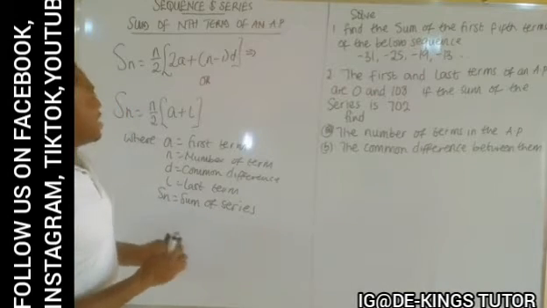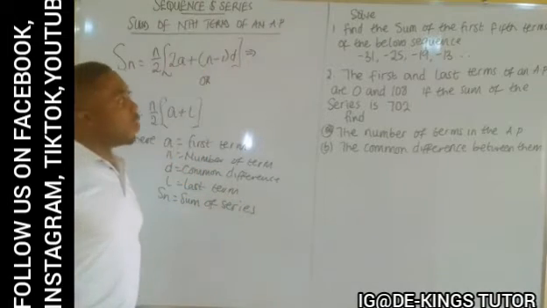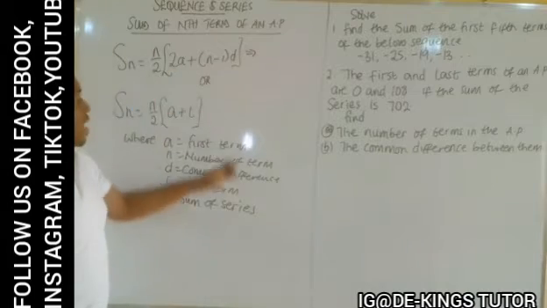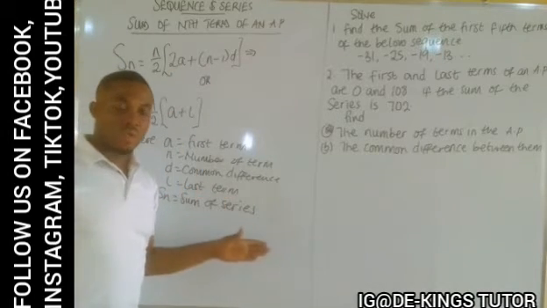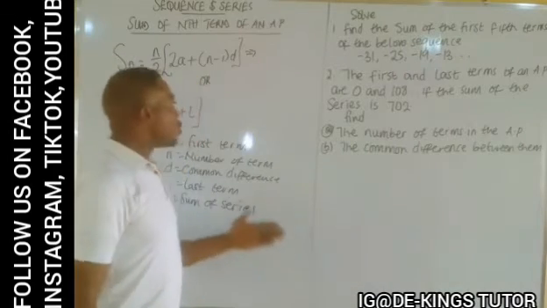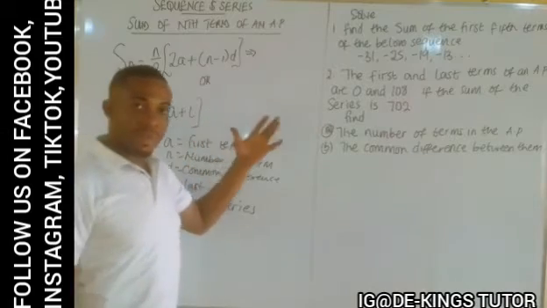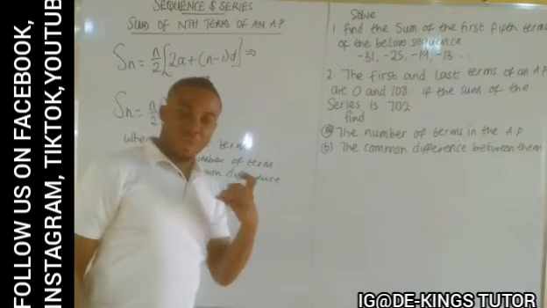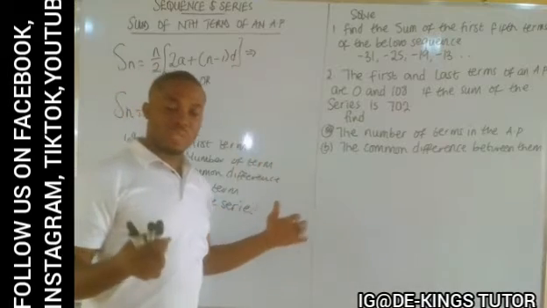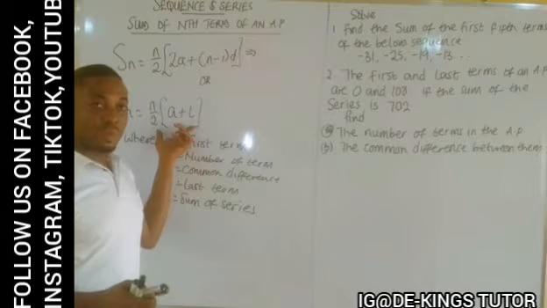That is basically the formula for solving the sum of nth term of an AP. Supposing we are given a question that says find the sum of the first, what you should do is check if the question has a common difference. Then you use this. But if it doesn't, if it was given in a statement format with the last term, you use this formula.